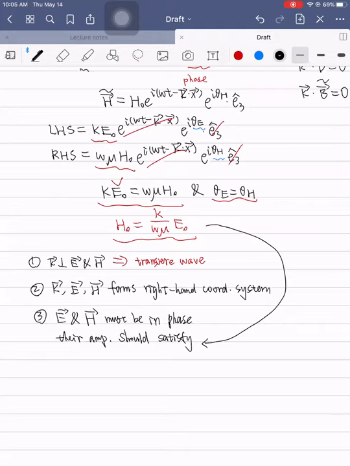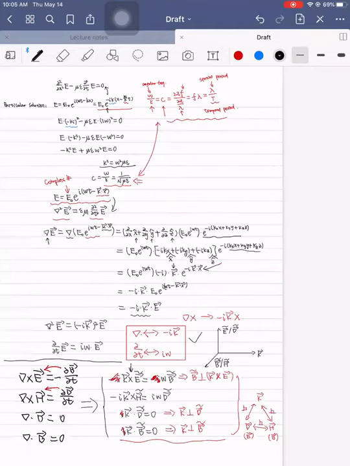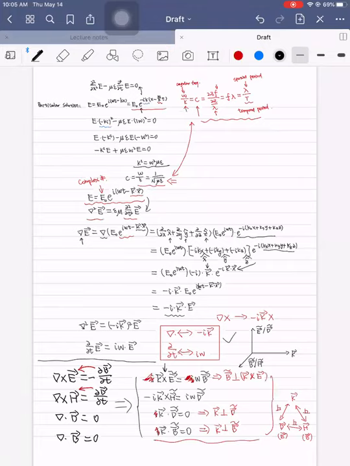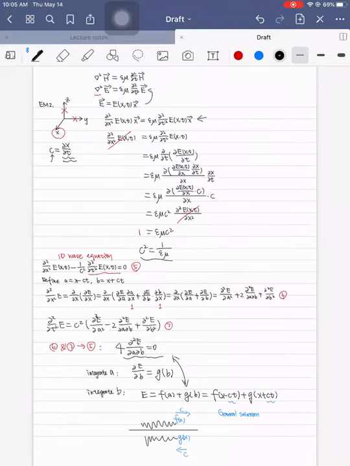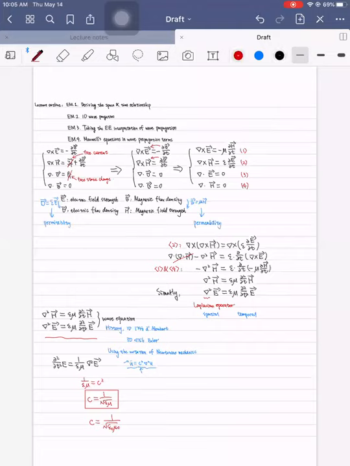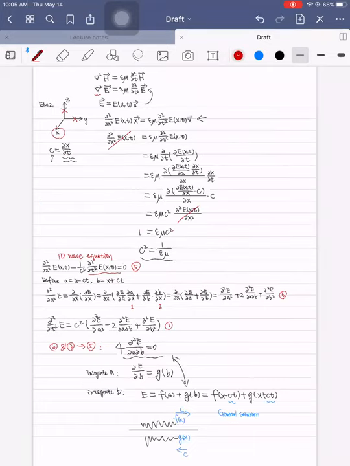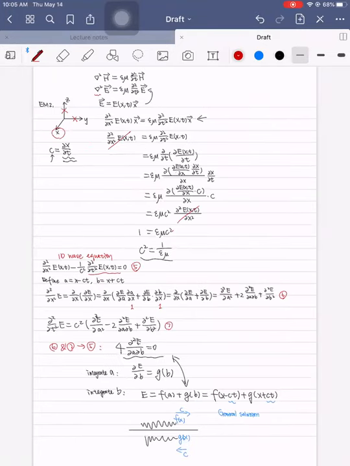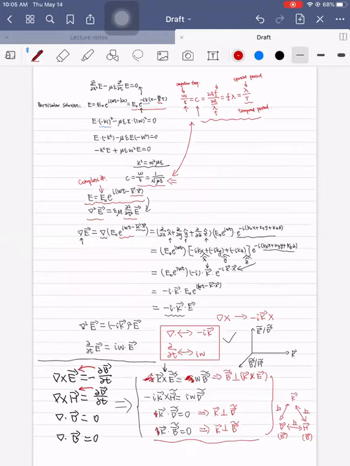Okay, that's all. In this lecture, we deduced the important wave equations, these two, and we gave the general solution and the particular solution to these wave equations. The general solution is this equation, and the particular solution is this form.